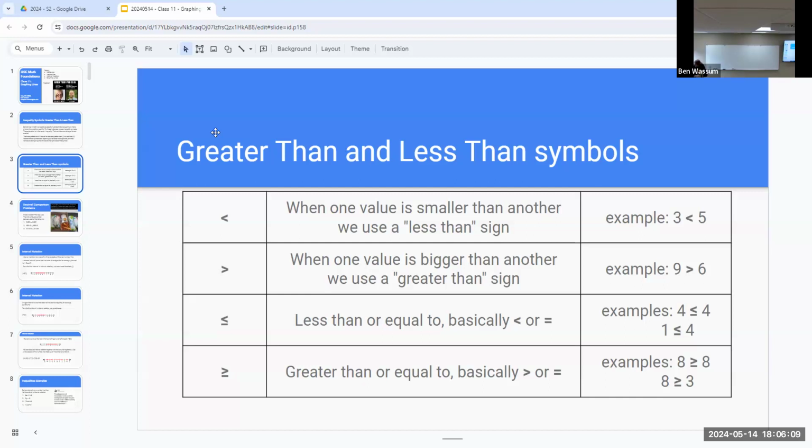Then you get a couple of weird ones. They're literally the exact same symbols, but they have a bar underneath. And it's basically a combination of those two inequality signs and an equal sign. Having that bar underneath is the one where you have the option of it being equal to that. So 4 is less than or equal to 4 does end up being true, but 4 being less than 4 is not true because 4 is not less than 4.